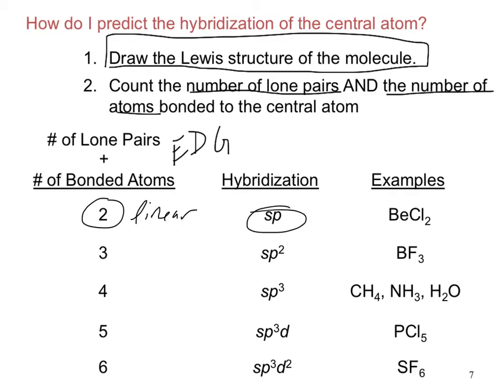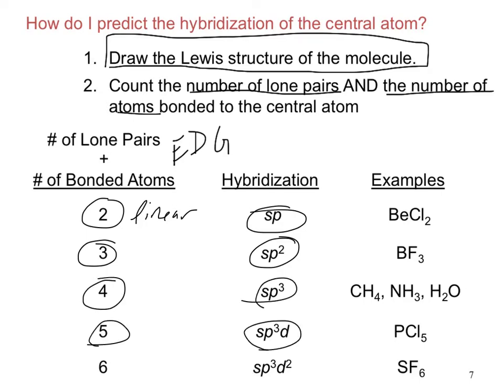So anytime you have a linear molecule and there's only 2 bonded atoms and no lone pairs, you're going to have an sp hybrid. If you've got 3 atoms and or lone pairs, your hybridization will be sp2. 4 total groups, sp3. 5 total groups, sp3d.